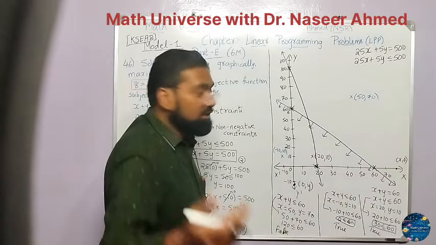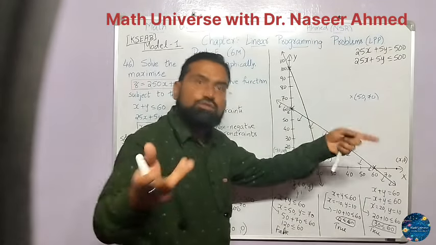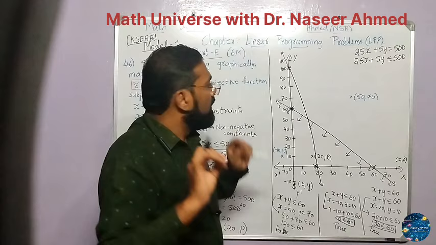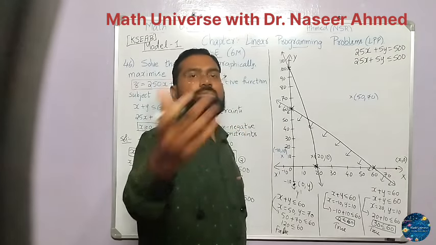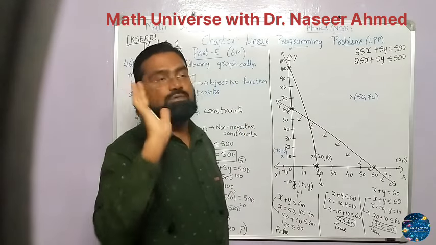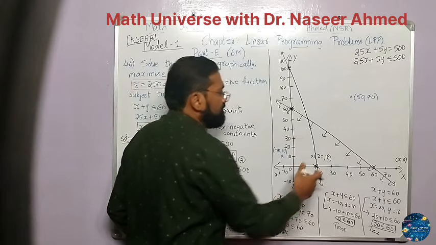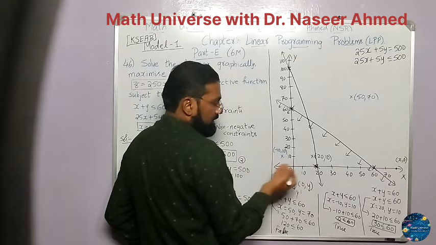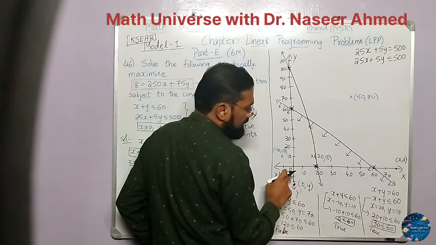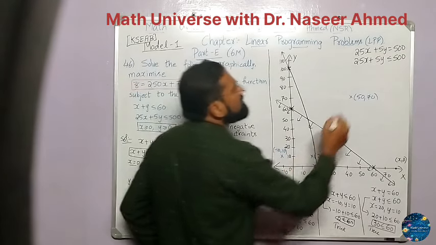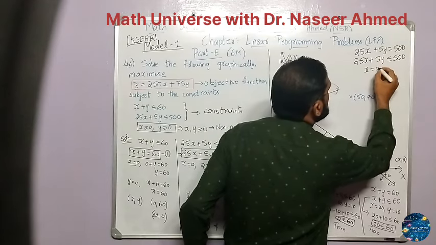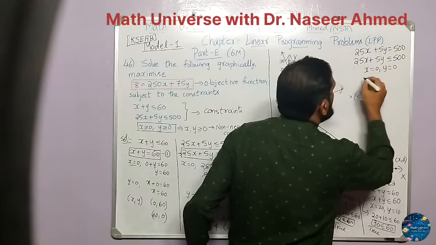Your choice. Do you want to take the same point? Your choice. But if it is true, shade the same side. If it is false, shade the opposite side. Now for this, let us suppose left, I will take for example the origin. So x is equal to 0, y is equal to 0.